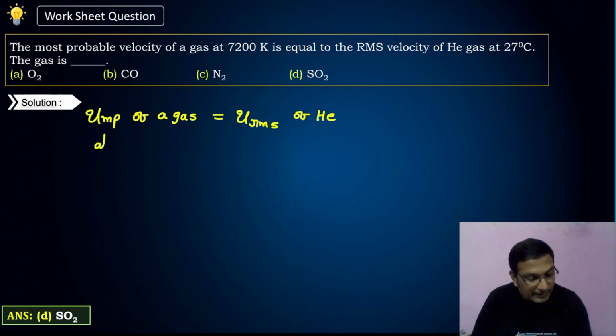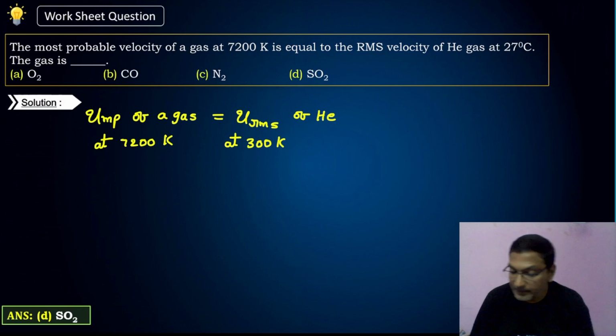The temperature of the gas is 700 kelvins and the temperature of helium is 27 degrees centigrade, that is 300 kelvins.